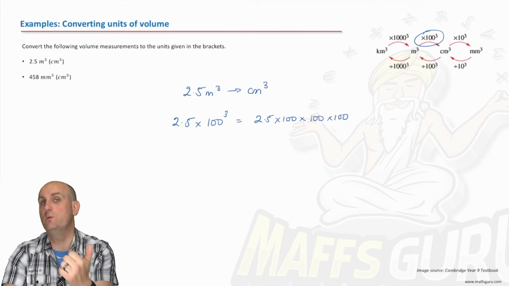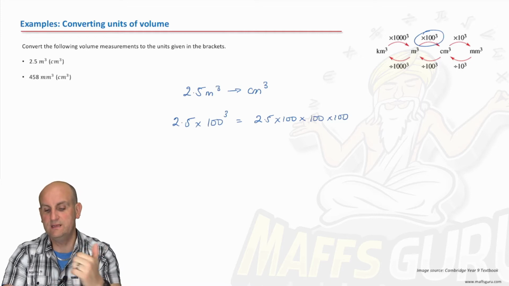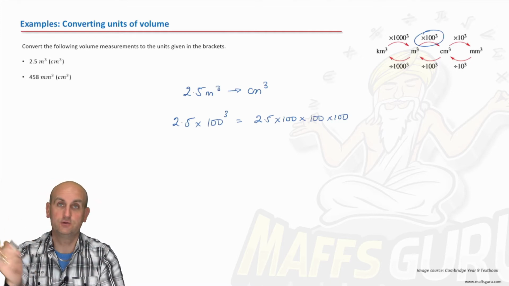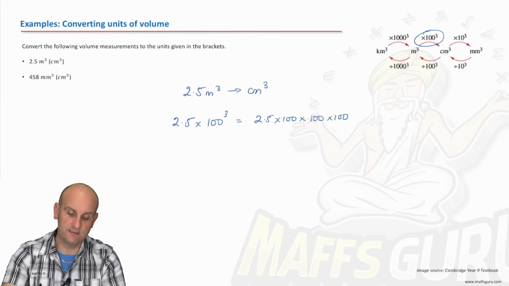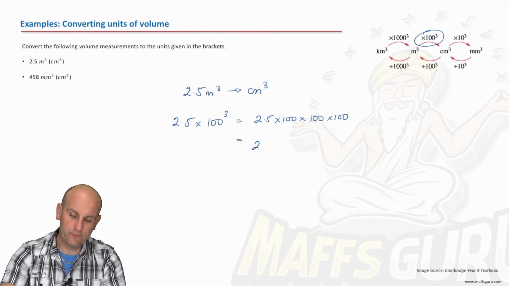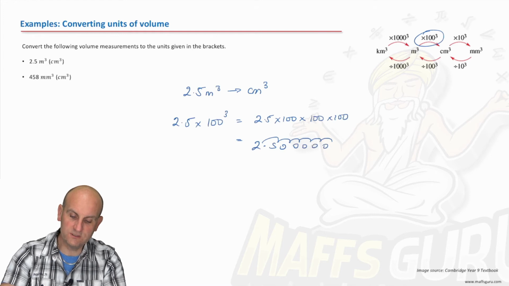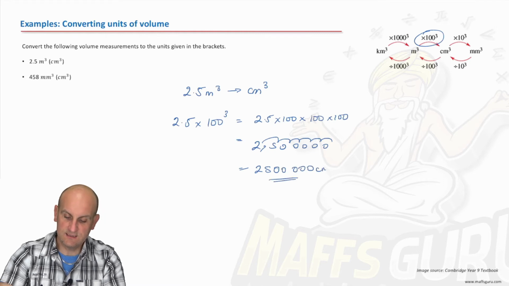Now for every one of those zeros, I'm going to move my decimal point one place to the right. So 2.5 is going to jump 6 places. So 1, 2, 3, 4, 5, 6. Fill in zeros over all those jumps, and then write it out again to give me 2,500,000. And that is centimeters cubed.